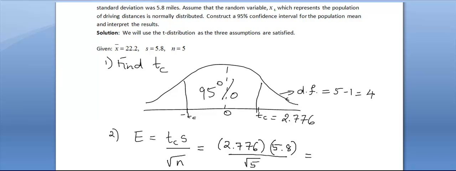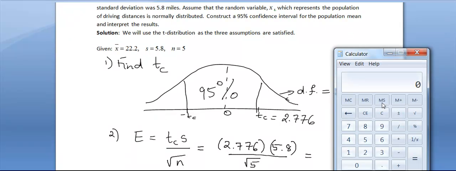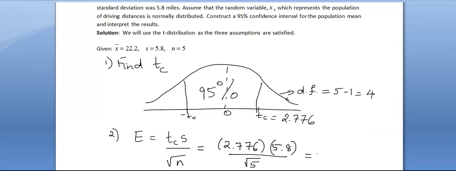Using a calculator, 2.776 times 5.8 divided by the square root of 5 gives us 7.200.